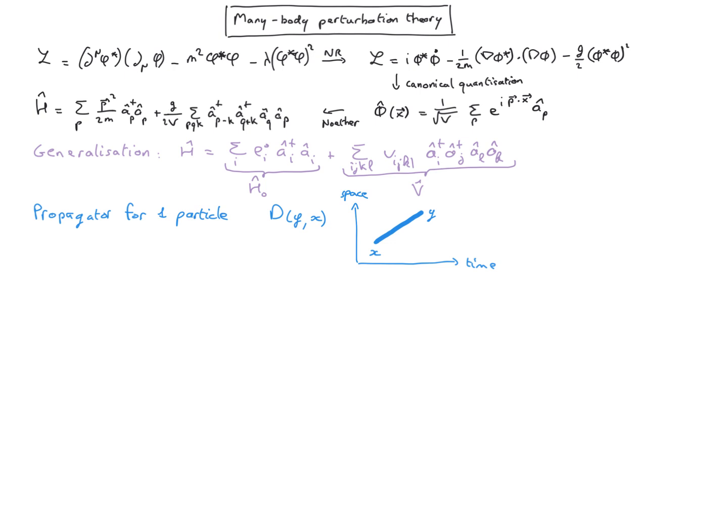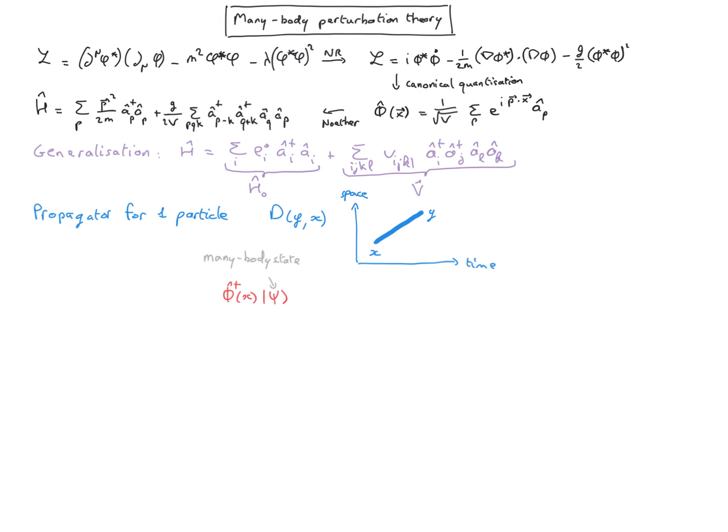Indeed, the propagator tells us how a particle evolved from one point of space-time x to another one y, but taking into account all the possible interactions between x and y due to the presence of the other particles which constitute the system. If we represent the many-body state of the system by a state vector psi, we could create a particle on top of this state using the Hermitian conjugate of the field operator phi.